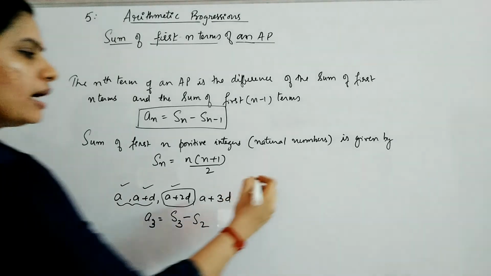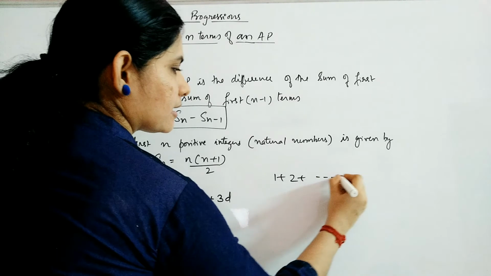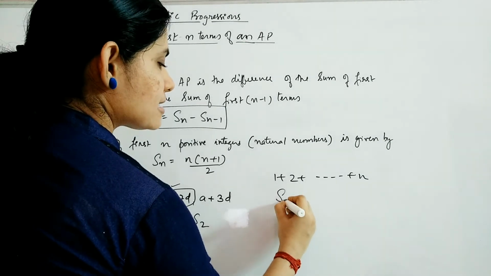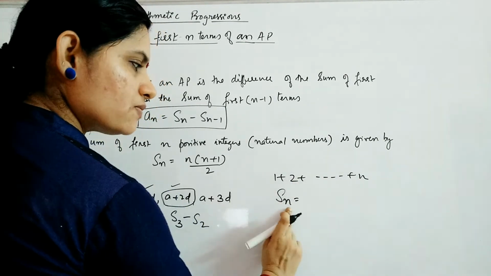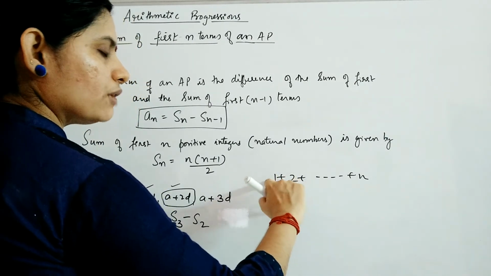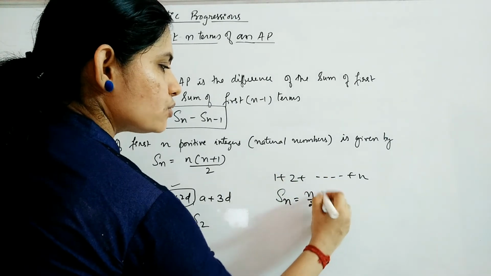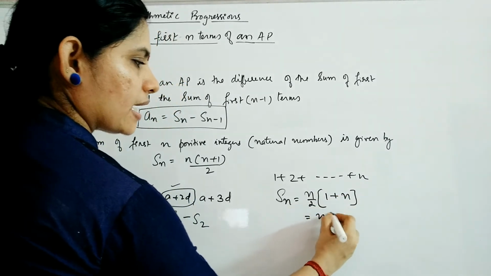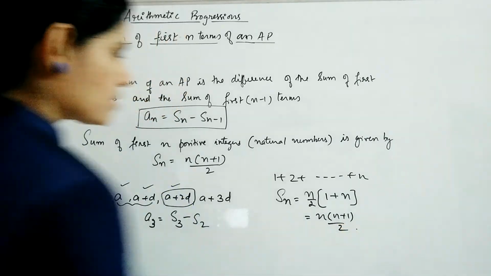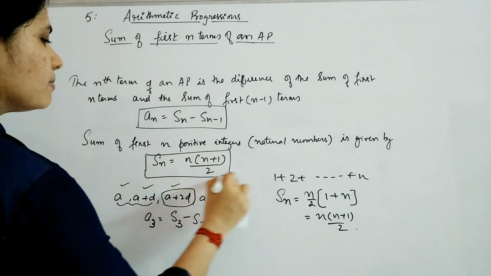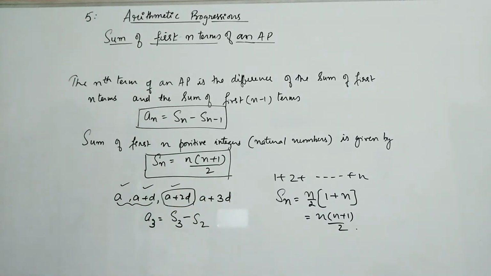If we use the formula for 1 plus 2 plus etc. up to n natural numbers, or n positive integers, already we have discussed that if you know the first and last term, you will write n by 2 into first term plus last term. So what you are getting is n into n plus 1 by 2. That is the formula for finding the sum of n natural numbers or n positive integers.